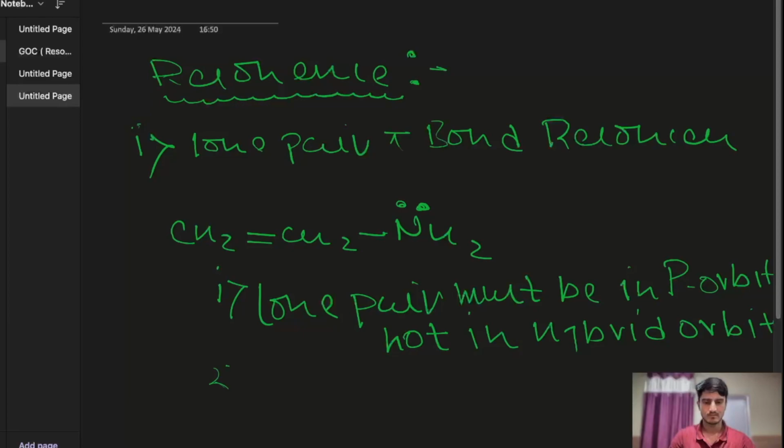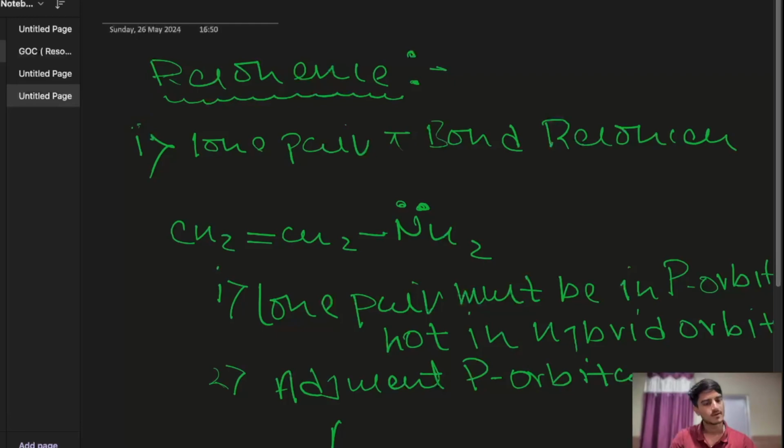Second, an adjacent p orbital should be present into which this lone pair can move. And third, these two p orbitals should be in the same plane. Which two p orbitals?